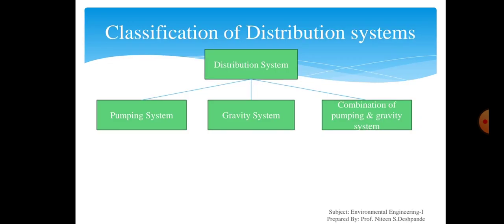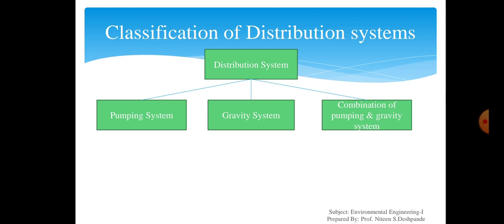Okay. Now we will move forward towards the classification of the distribution system. Now we have seen the systems of water supply to the public, that was the continuous system and the intermittent system. Now if we go forward to the distribution system, the classification is of three types: the pumping system, gravity system, and the combination of pumping and gravity system.